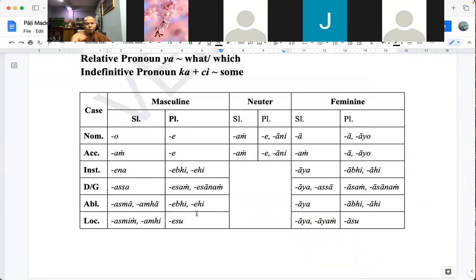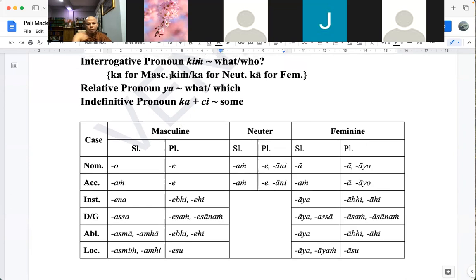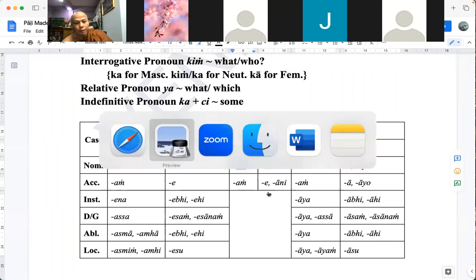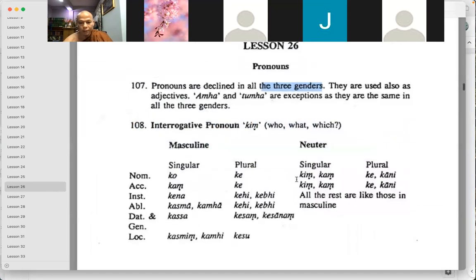So this is for masculine. For neuter, actually this ka has can for neuter, but the other special form is came, as a common form. Came is also the special form, and the accusative also came.